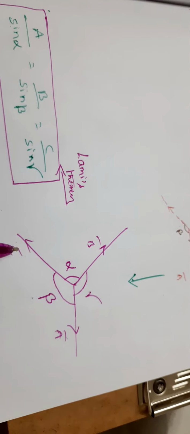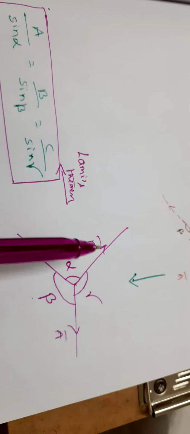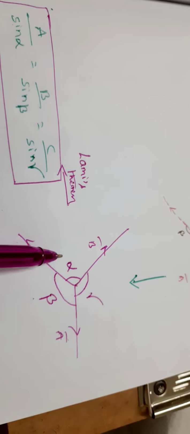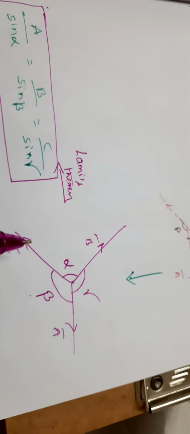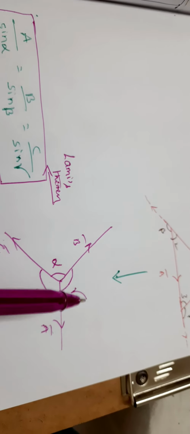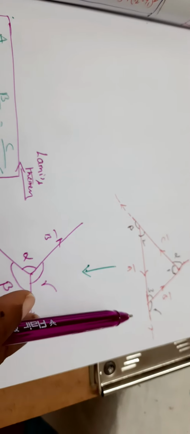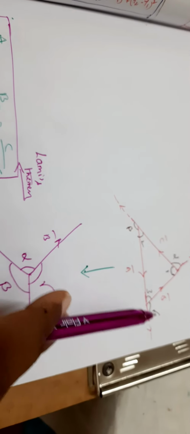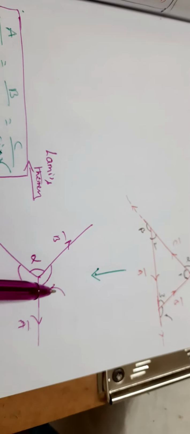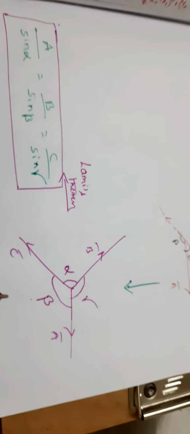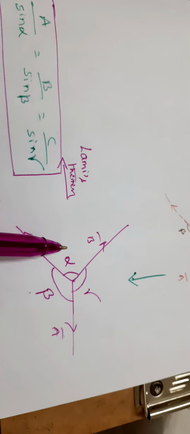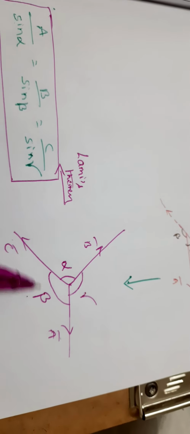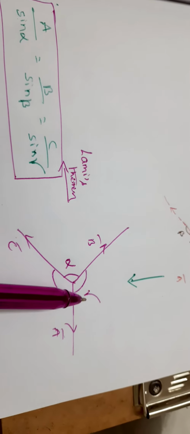Then the angle between B bar and C bar is alpha, between A bar and C bar is beta, between A bar and B bar is gamma, as what we have seen here. Just to remember: opposite to A bar, alpha; opposite to B bar, beta; opposite to C bar, gamma.